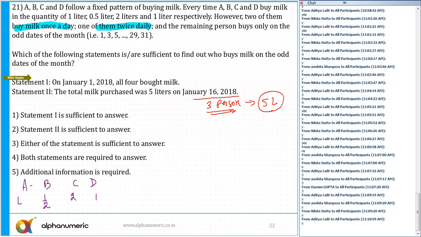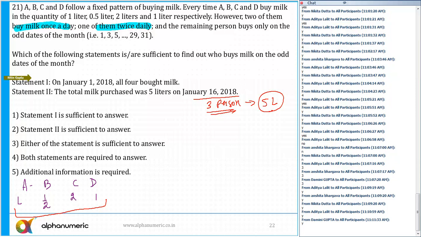Out of the remaining 3 persons, one person has bought twice and two only once. So which combination can give me a total of 5 liters? I can get yes.